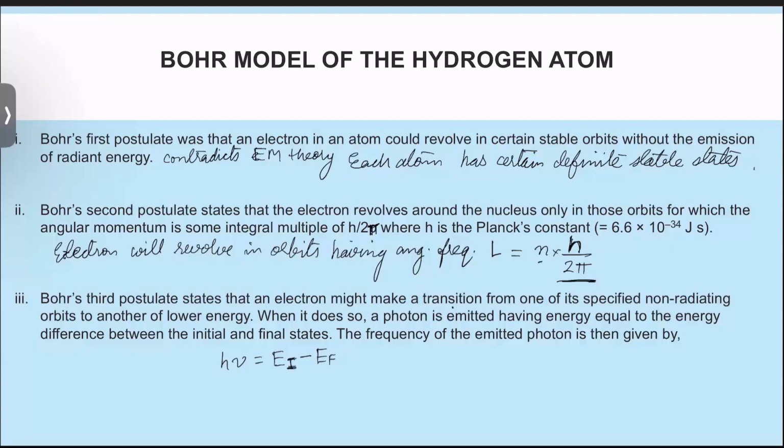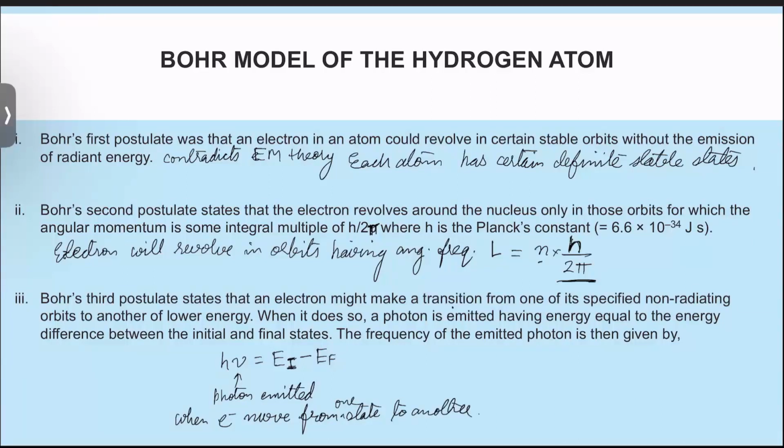This is the product of Planck's constant and the frequency of the photon emitted when the electron moves from one stable state to another.